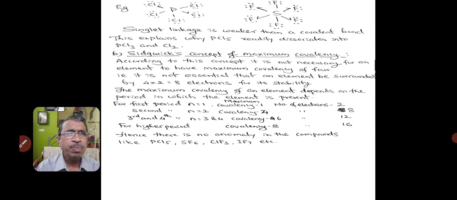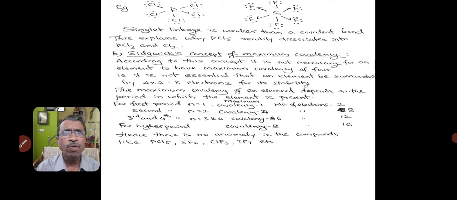According to this concept, it is not necessary for an element to have a maximum covalency of 4. That is, it is not essential that an element be surrounded by 8 electrons for its stability.